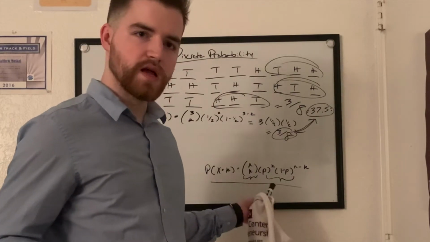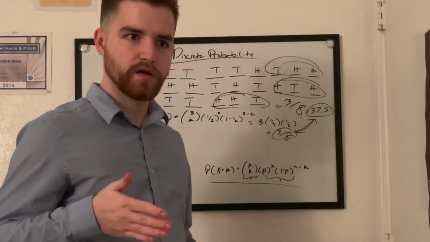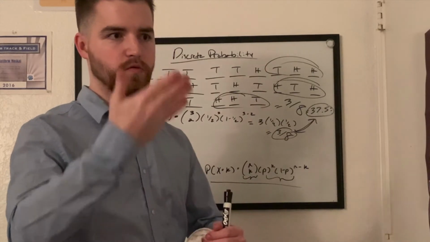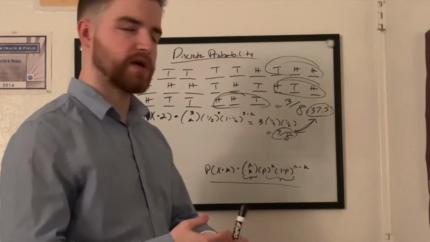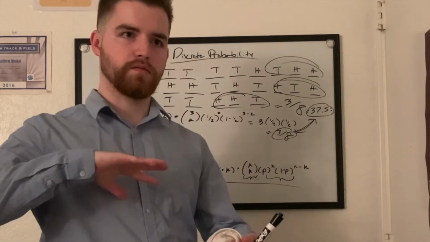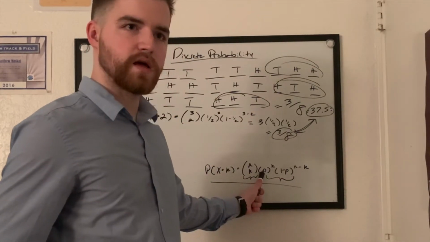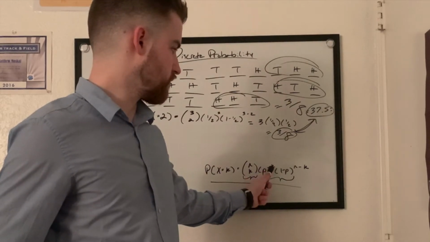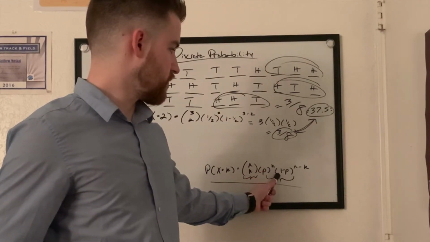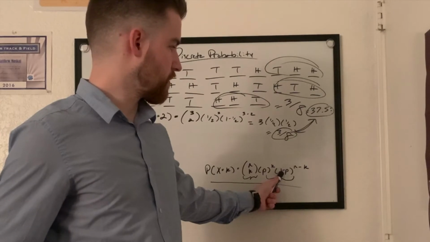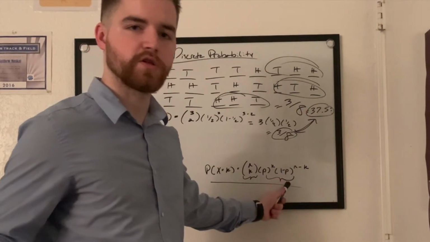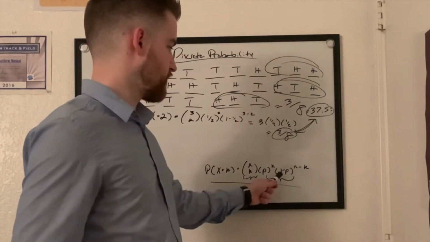So if I want to get 2 heads, well, the probability I get a heads is 1/2. The probability I get another heads is 1/2 times that. And then the probability I get a tails is the other side of that, which is still 1/2. So this is why you do p, your probability of success, squared, and then you have to multiply by the remaining failures that would occur. That's where this part comes from.